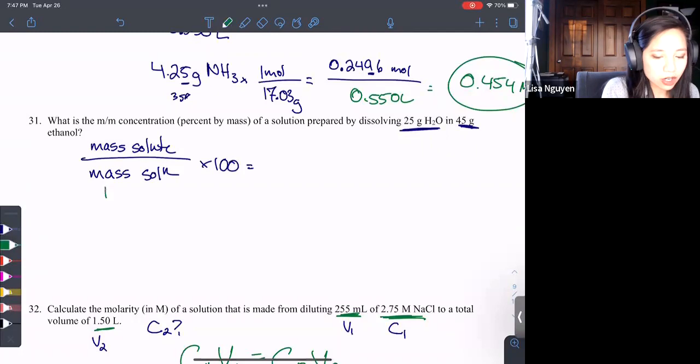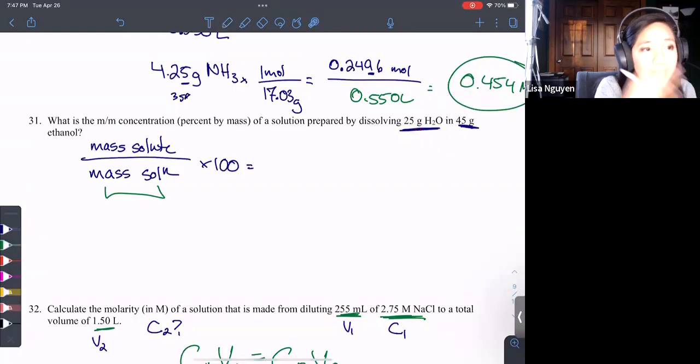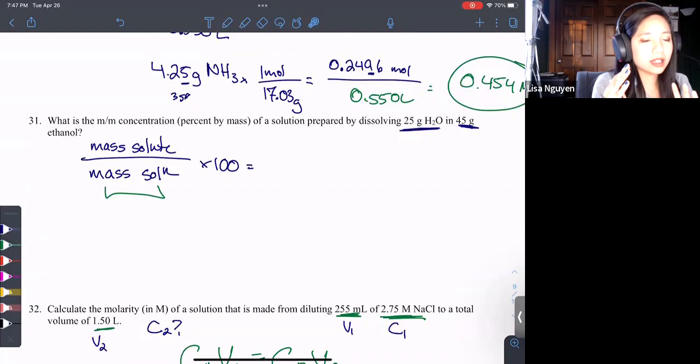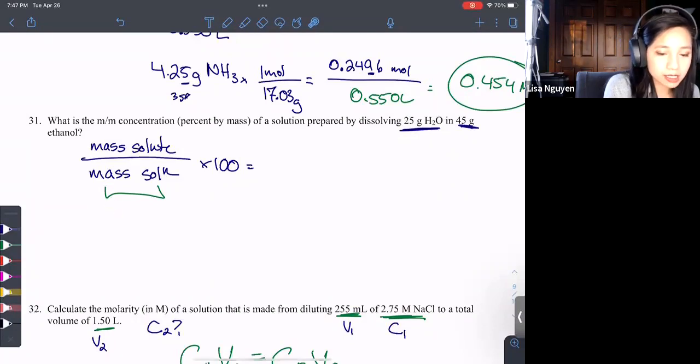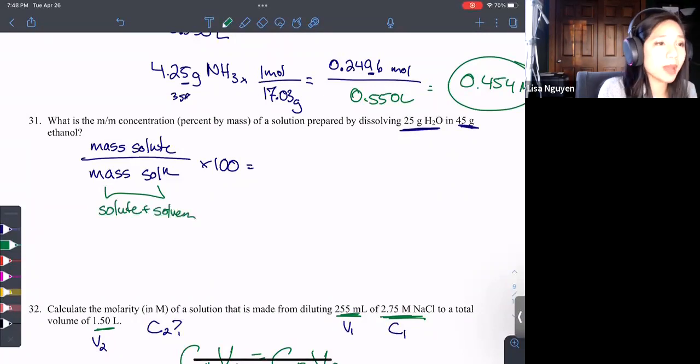But the key here is that the mass of the solution, like if I dissolved salt in water, the mass of the salt water solution will be the mass of the salt and the water that I combine. So your mass of your solution is the mass of your solute and your solvent together. That's the total amount that's in your beaker when you mix these things together.